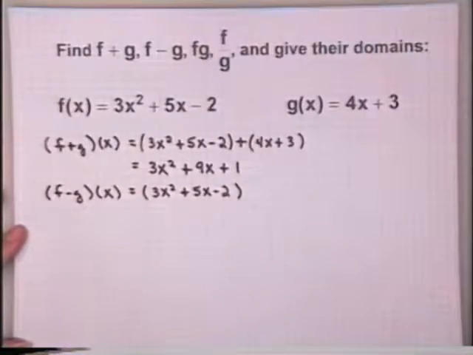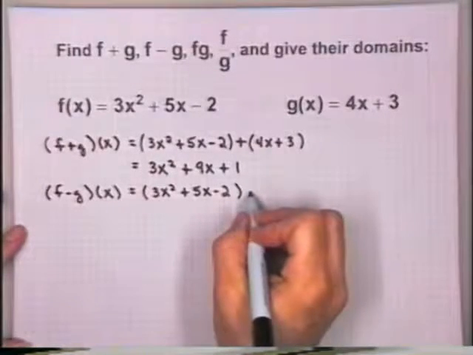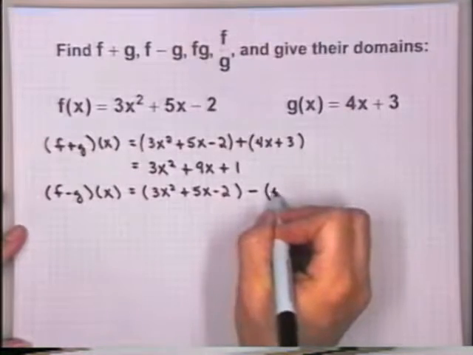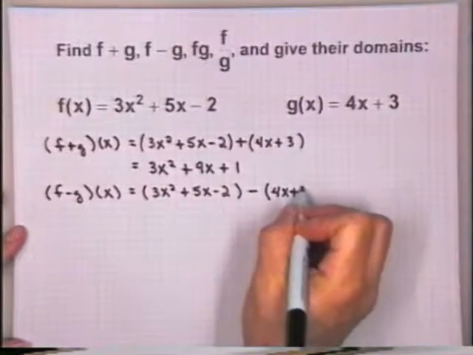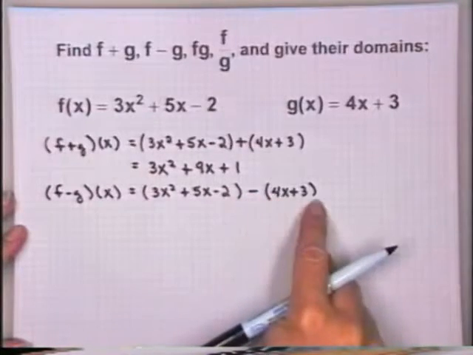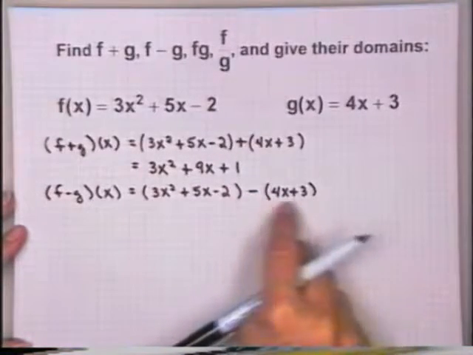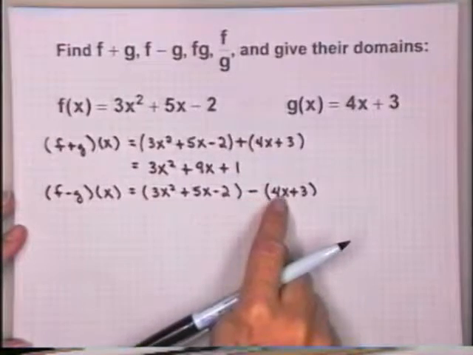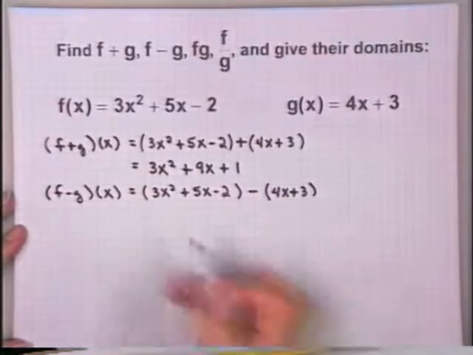You don't have to, that first one. But it will be necessary because of our subtraction here to put parentheses around our second function, g of x. We're taking f of x, we're subtracting g of x. And of course the necessity for the parentheses is because what do we need to do with this negative? We need to distribute it, don't we, to both of these terms.